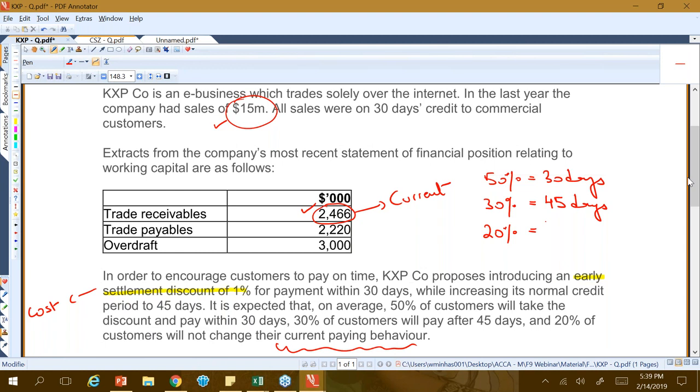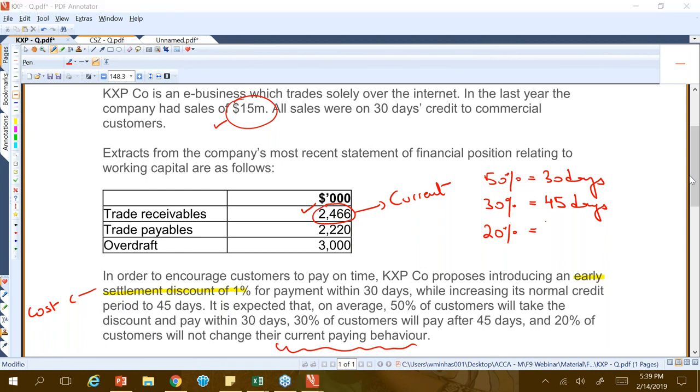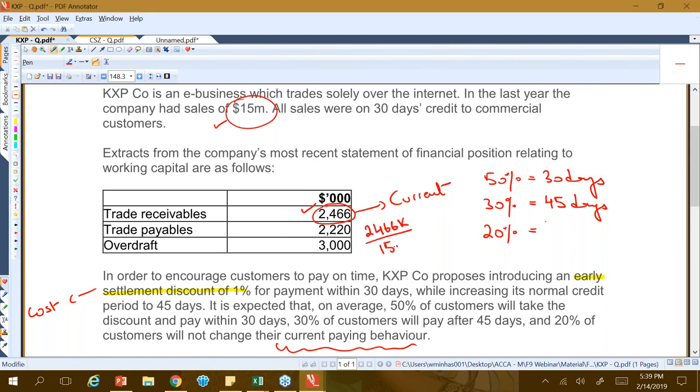Yes, right answers coming in, 60 days. What you're doing is taking 2466,000 over 15 million times 365, and you're getting 60 days, which means 20% of customers will take 60 days. Although the business originally granted them 30 days, the current receivables balance shows that these people are taking 60 days. Okay, well done to all who have given the right answers.